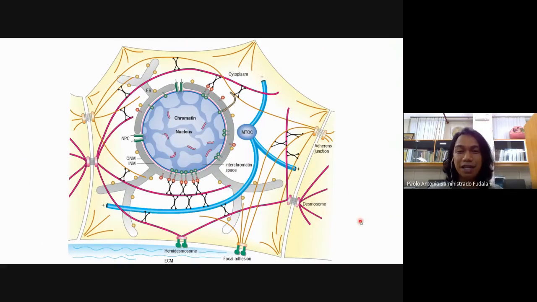So in summary, we see here a cell with the cytoskeletal elements.